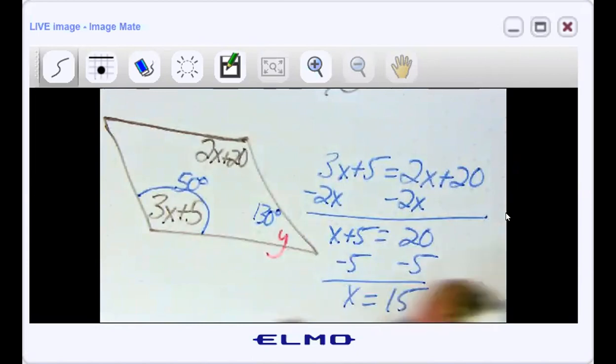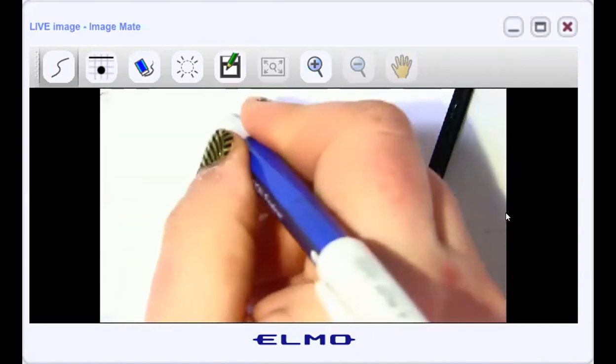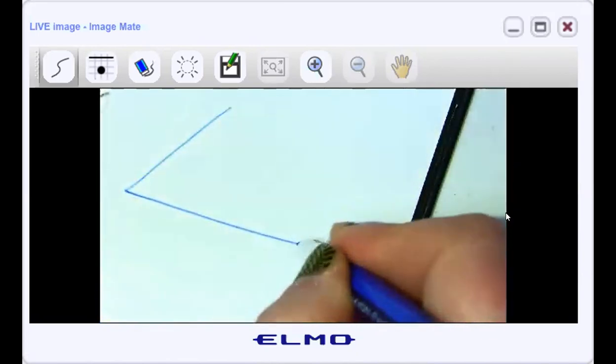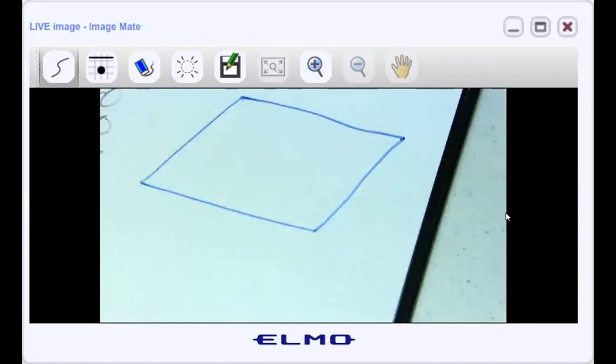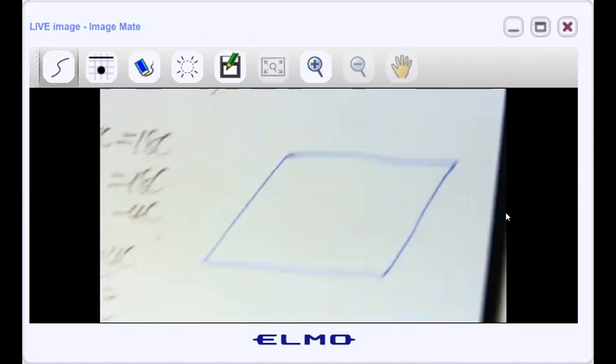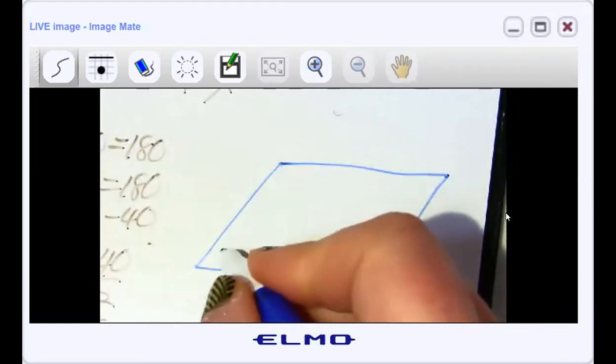Okay. So let's try another one. I'll stick one more over here. If this thing is a parallelogram, go ahead and do this one for me.